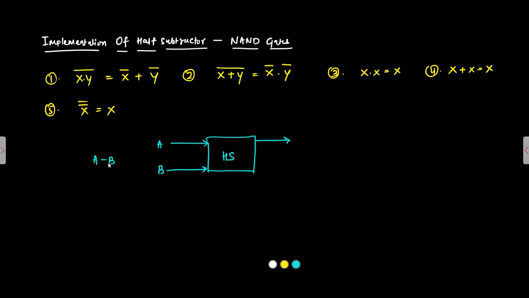So this is the difference, this is the borrow at the output side, okay. Difference is A bar B or A B bar, and borrow is A bar B.